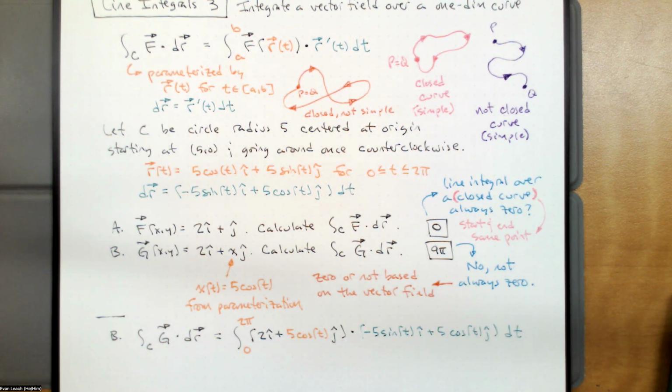So I've got this dot product of these two vectors. When I calculate the dot product, I will get a scalar, in this case, a scalar function. So let's make that calculation.